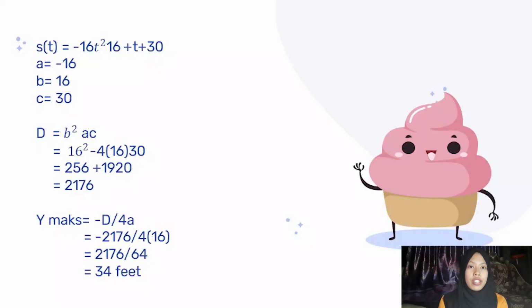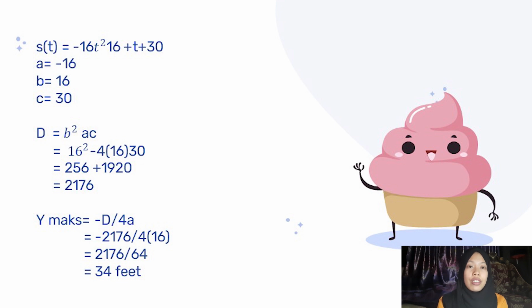Thank you for the question. I want to answer the question from Nurul Khatimah Syahid. We can use the method D is b squared minus 4 times ac, where the values of a and b are obtained from s, the function of t, which is minus 16t squared plus 60t plus 30.